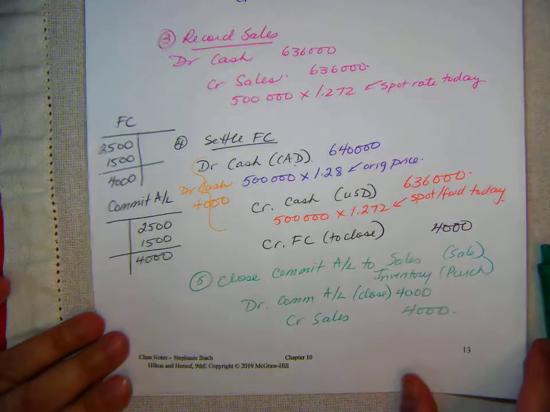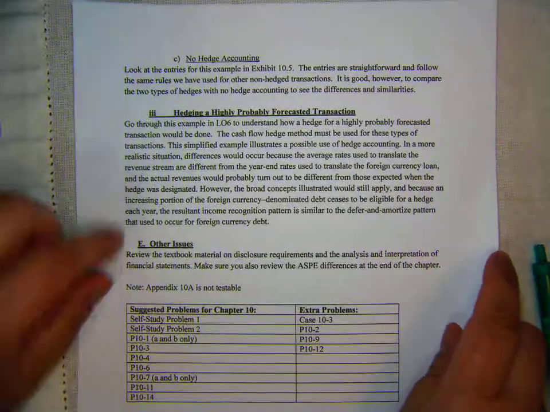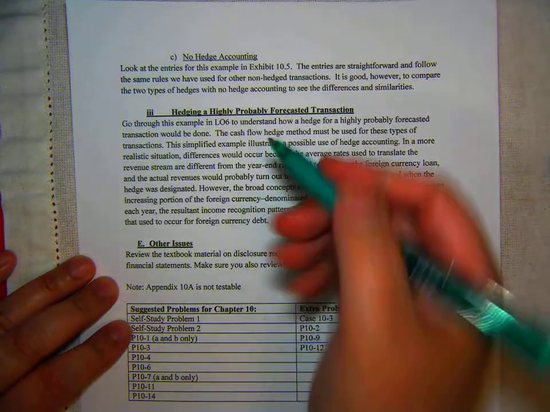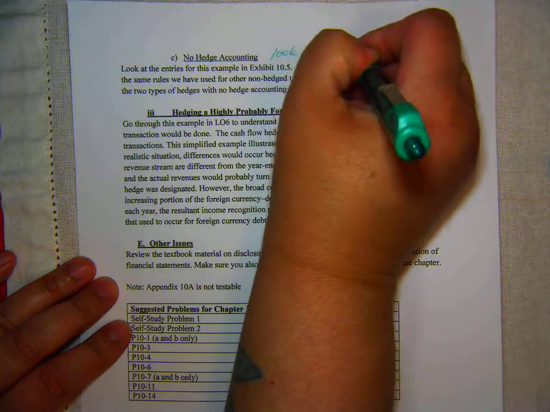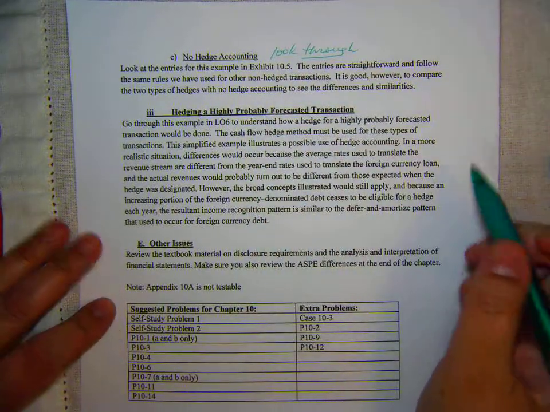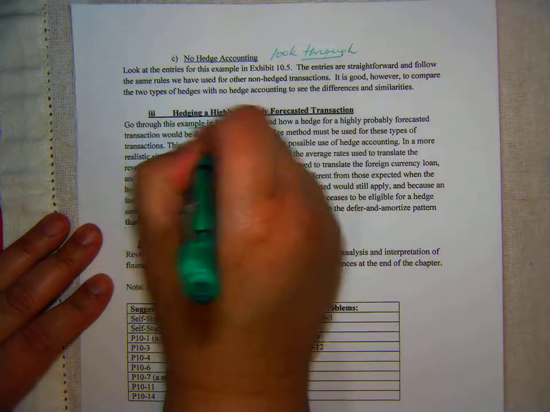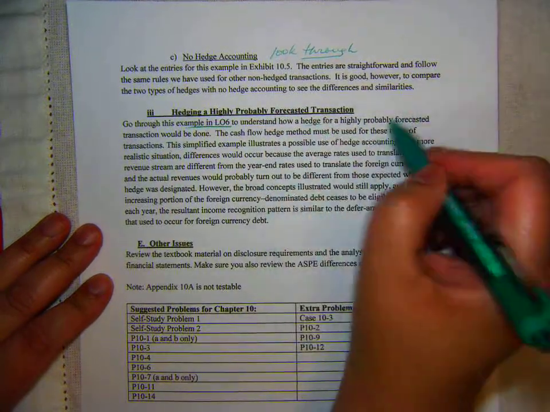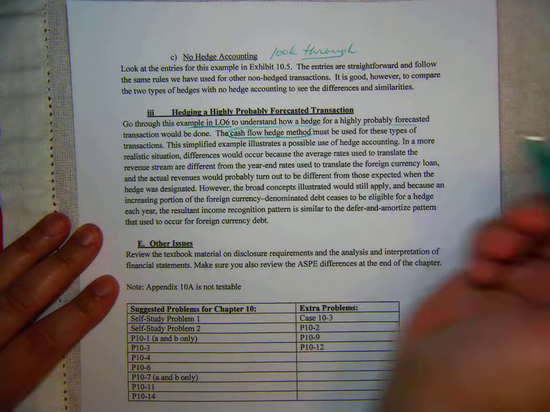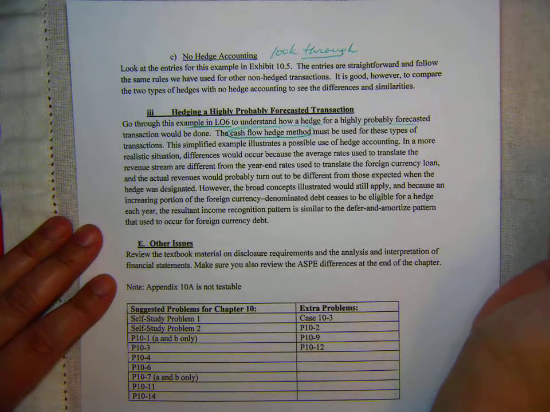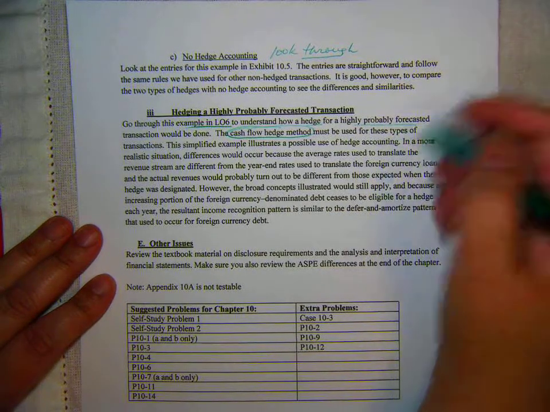So then, just to finish this chapter, you can look through this, the no hedge accounting, and you can go through this example to see how a hedge for a highly probable forecasted transaction is. And notice we use the cash flow method. And you can just read all of that.